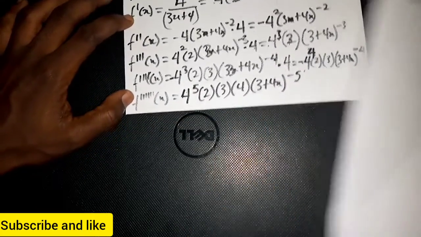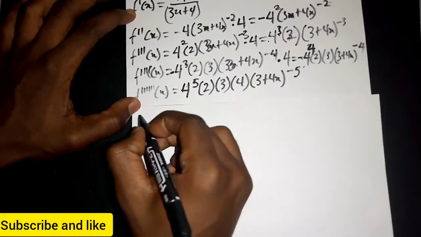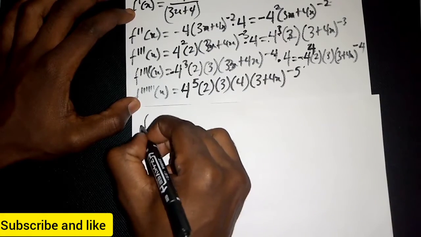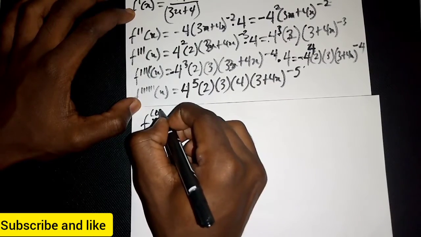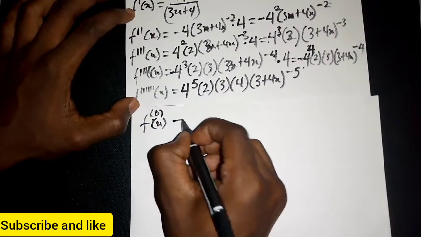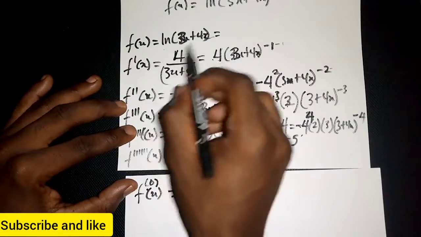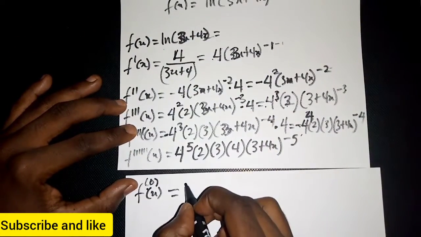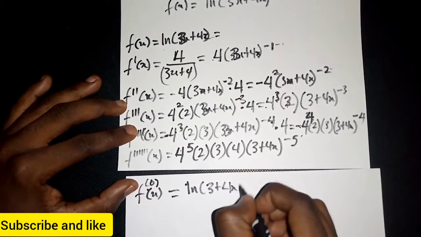So let's continue here. With this we have, writing f of x when n is 0, for the first part we have the ln of 3 plus 4x.